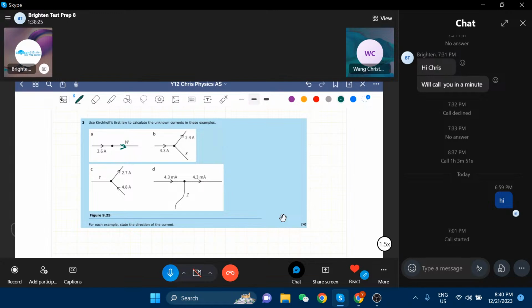Exactly. And what about Y in question C? 2.1. And in which direction? Towards the left. To the left. Yeah.